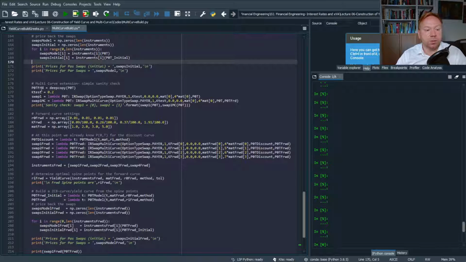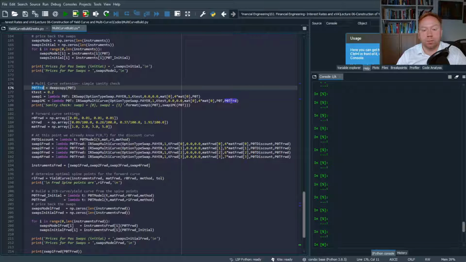So what we do first, we perform some kind of a sanity check. This means that in the first step, we will check whether our new interest rate swap gives the same value as the single curve swap. What we can do here is substitute. I'm defining the forward curve, the tenor curve, to be a deep copy of the discount curve.